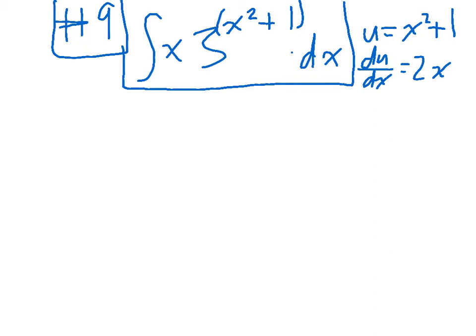And now we want to isolate du, that is going to equal 2x times dx. So for the next step, we're going to write out this integration. We have 2x dx, and that's our du value.